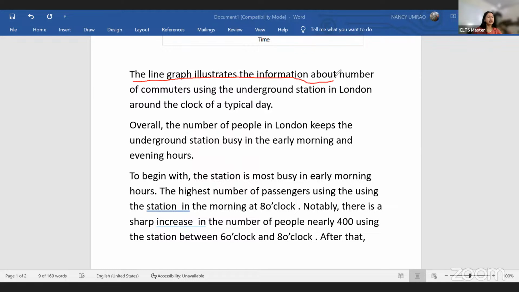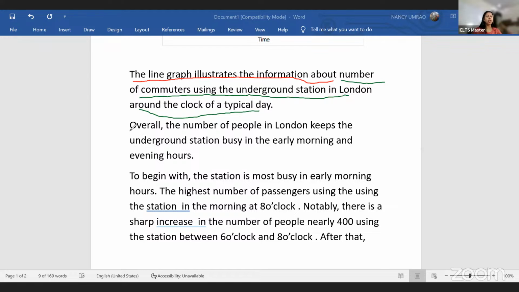This phrase you can write down in number of questions. What is the subject? The subject is number of commuters using the underground station in London around the clock of a typical day. This subject is different for different questions.